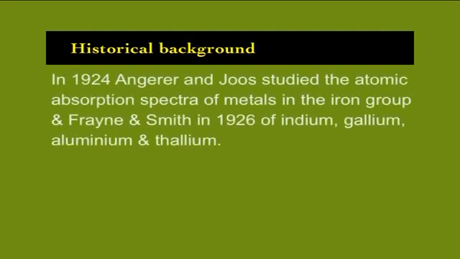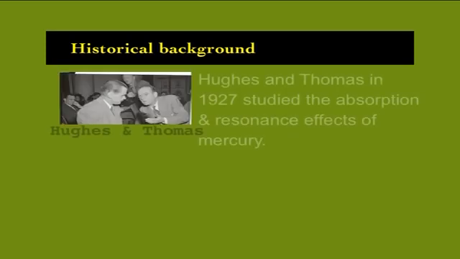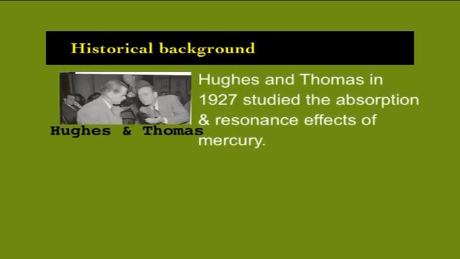In 1924, Angerer and Joos studied the atomic absorption spectra of metals in the iron group, and Frayne and Smith in 1926 of indium, gallium, aluminium and thallium. Hughes and Thomas in 1927 studied the absorption and resonance effects of mercury.